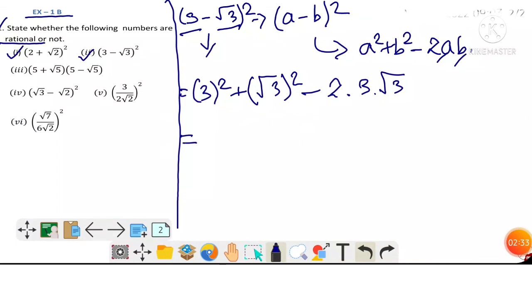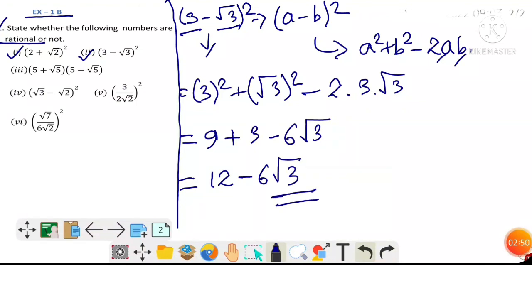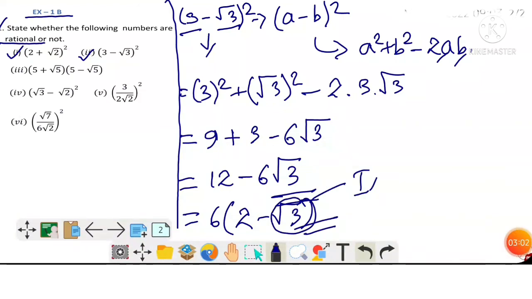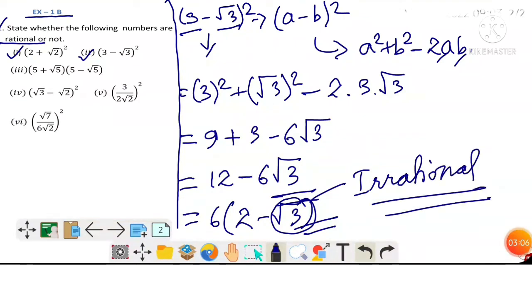So we get here 3 into 3 is 9 plus the square will cancel the root, so it will be 3 only, minus 2 3s are 6 root 3. 9 plus 3 is 12 minus 6 root 3. So here again we got the root, so it is not a rational number, it is irrational. You can also write this as 6 taking common, you'll get 2 minus root 3. Root 3 is irrational, so it is an irrational number, not rational.